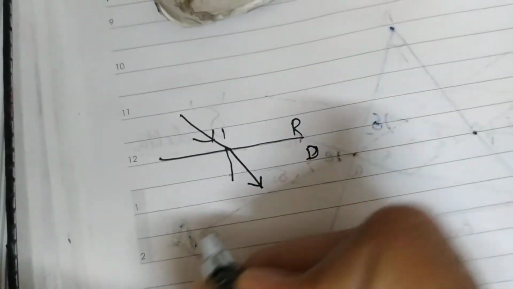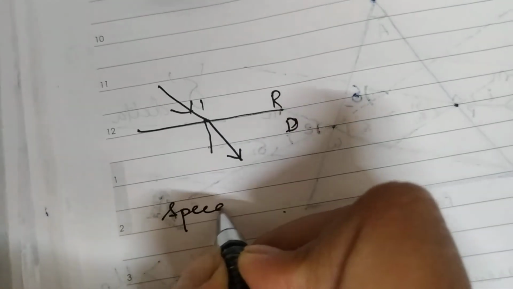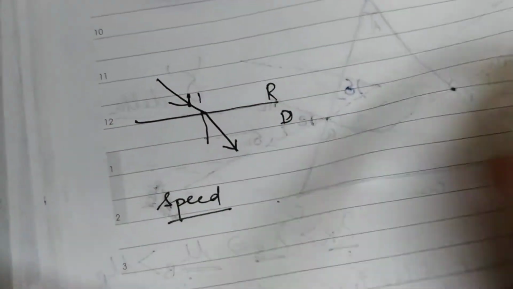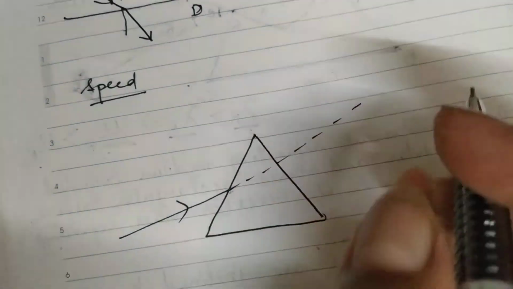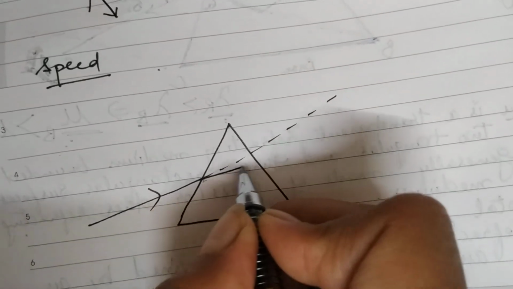The reason was the speed of light was different in different media. Similarly, all the 7 colors have different speeds in the same medium. Now due to their different speeds, they bend by different amounts.